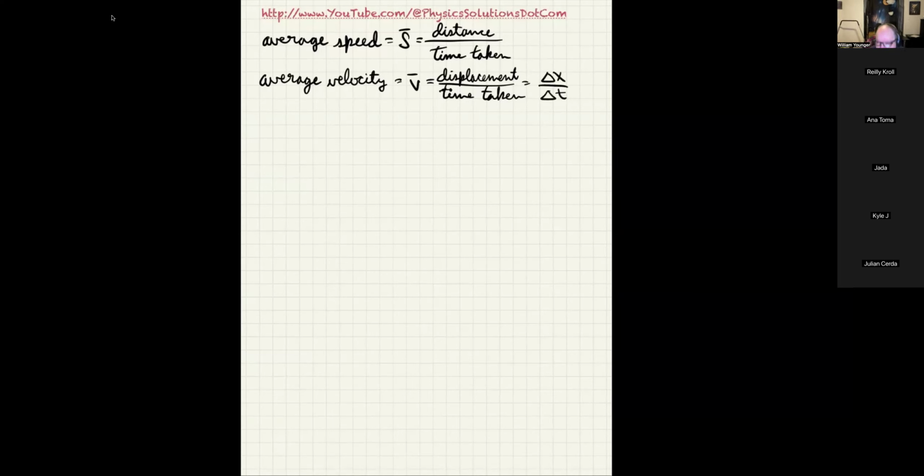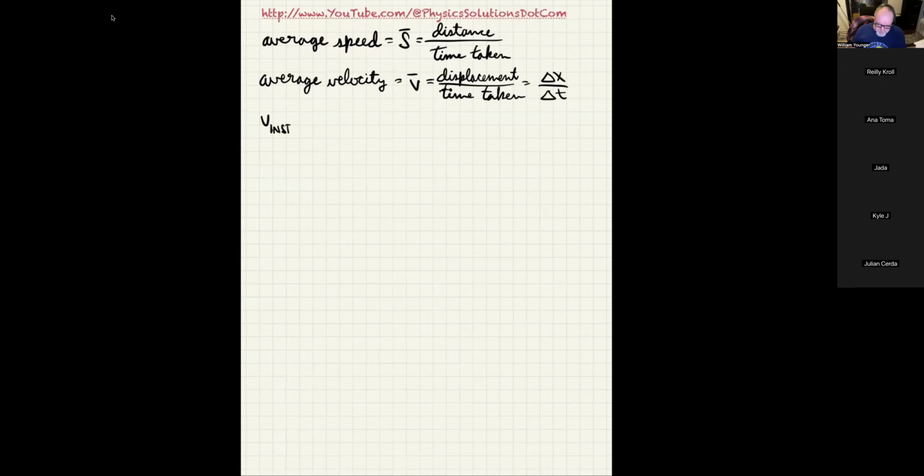I warned you guys that delta always means change in, and therefore, unless I explicitly tell you otherwise, it means final minus initial. So that's a big difference, and you're going to see a difference on that in a second. The instantaneous velocity, v instantaneous. So the word is instantaneous.